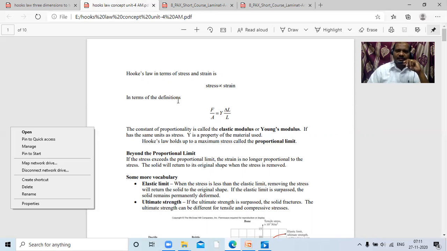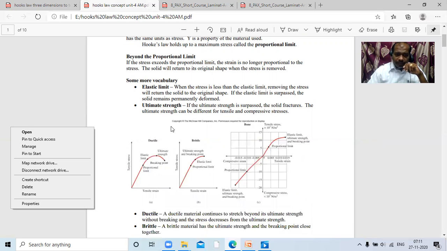I repeat once again, in the graph we observe, as I have already explained a number of times, there are 5 limits: proportionality limit, elastic point, yielding point, breaking point, and fracture point.